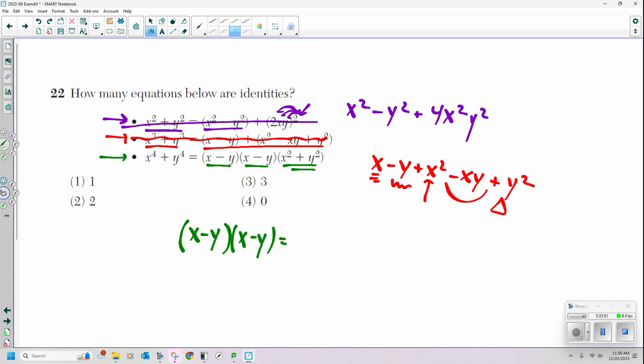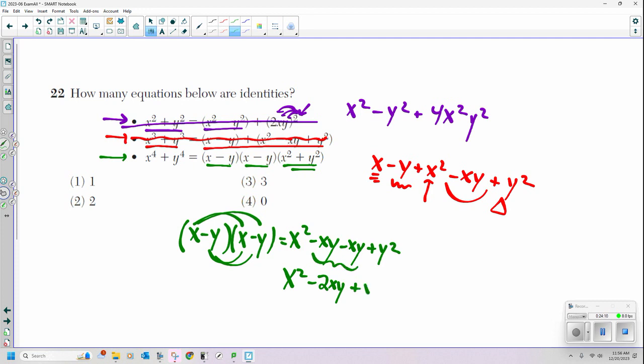If I FOIL that, I get x squared minus xy minus another xy plus y squared. So I get x squared minus 2xy, because I'm going to combine these, plus y squared. That is these two multiplied together. Now I've got to multiply it times x squared plus y squared.